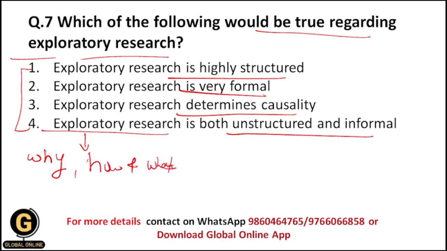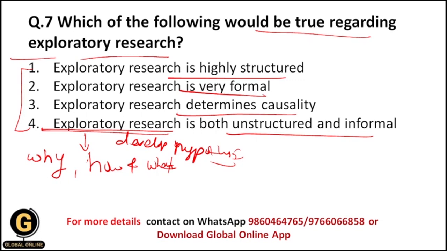Basically whenever I have very basic information about the overall research topic, then I will follow exploratory research so that I will get information about further research, and I will understand how I am going to deal with further research, okay. And that's why within exploratory research I am going to develop the hypothesis, and that's why there is no any kind of rule while doing exploratory research.